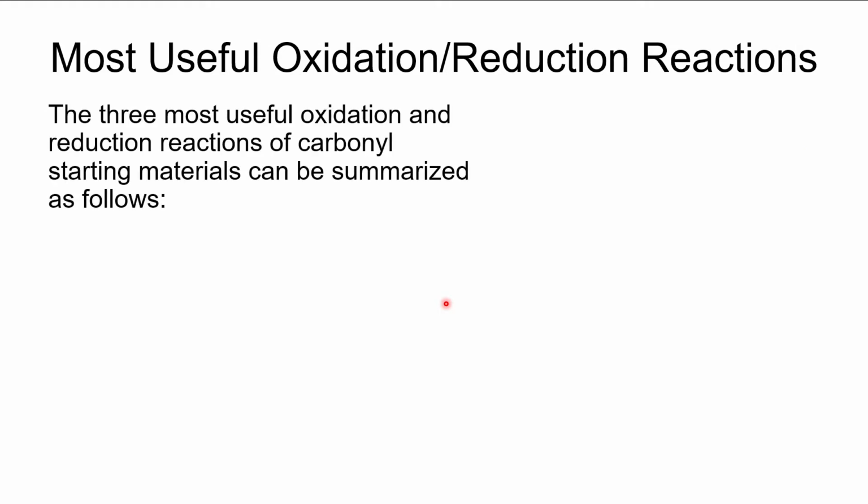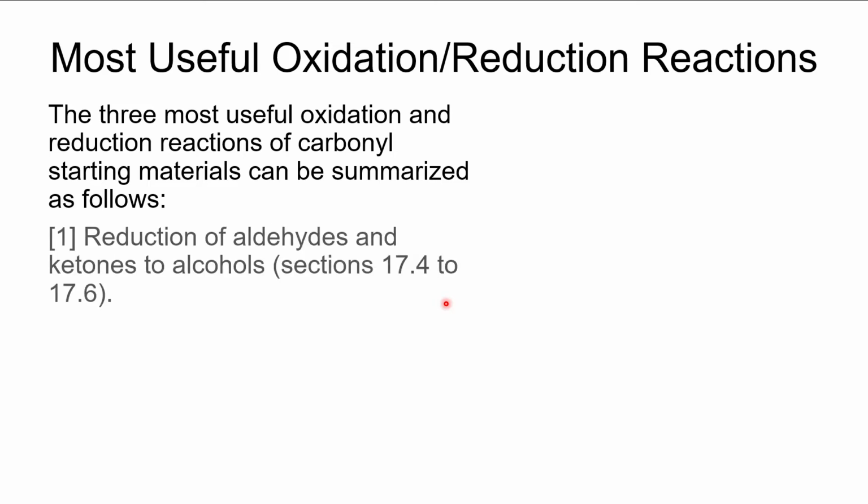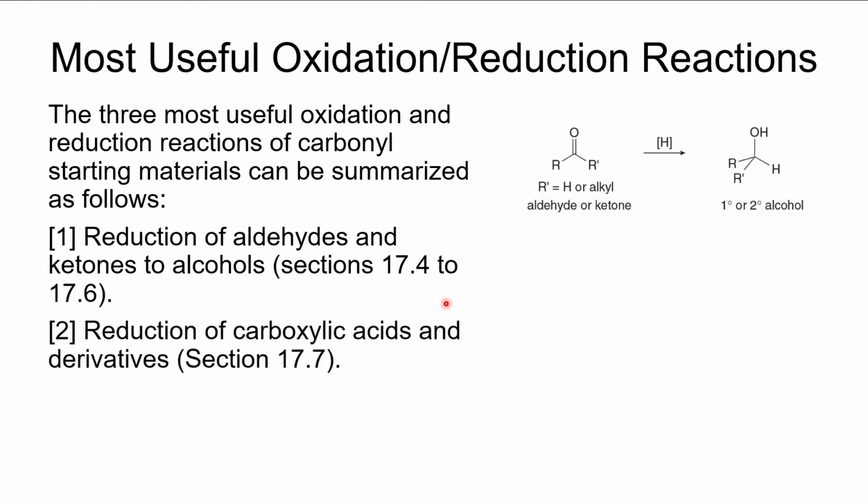So our 3 most useful oxidation and reduction reactions are going to be the reduction of aldehydes and ketones to alcohols. We'll be looking at that in sections 17.4 through 17.6 coming up. Next, reduction of carboxylic acid derivatives. We can reduce a carboxylic acid derivative to either an aldehyde or all the way to an alcohol, depending on which reagent we use.